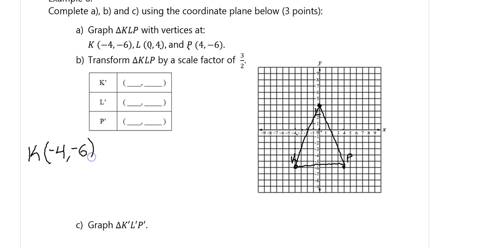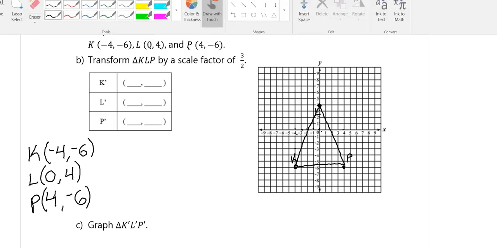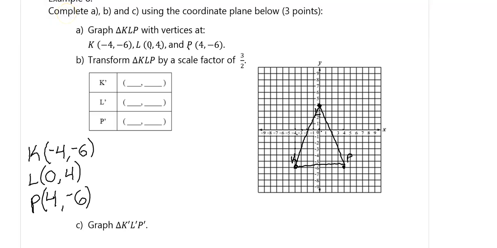K is at negative 4, negative 6, L is at 0, 4, and P is at 4, negative 6. And then I'm going to multiply all of these by that scale factor. I have a scale factor of 3 halves.